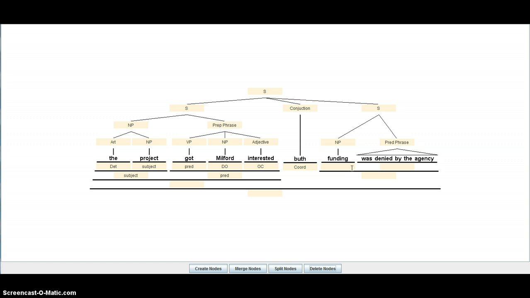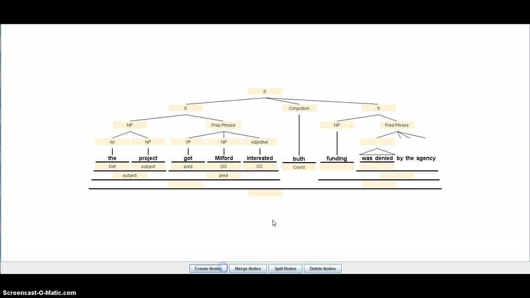Delete that again. Okay. You know, the trick here is to make sure that you don't miss any spans. So this is verb phrase, and this is the predicate phrase, the prepositional phrase.